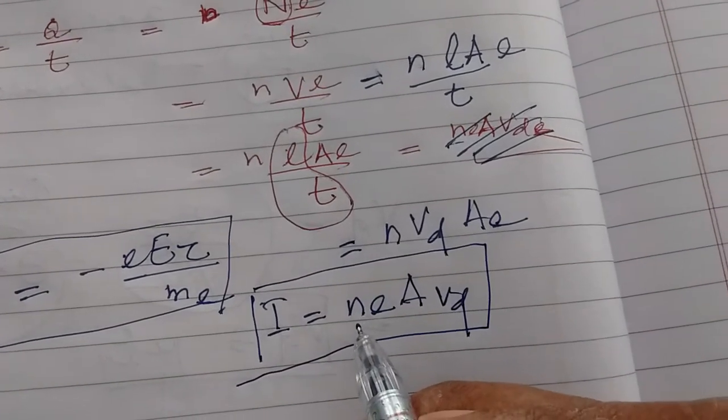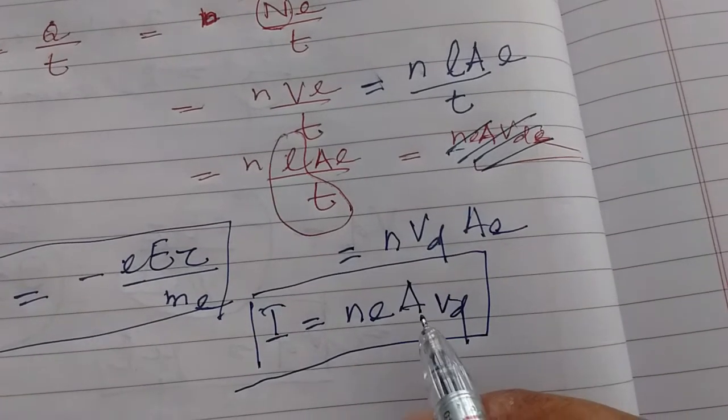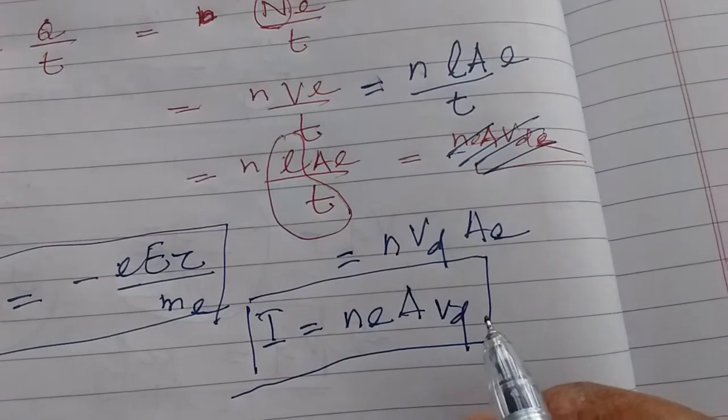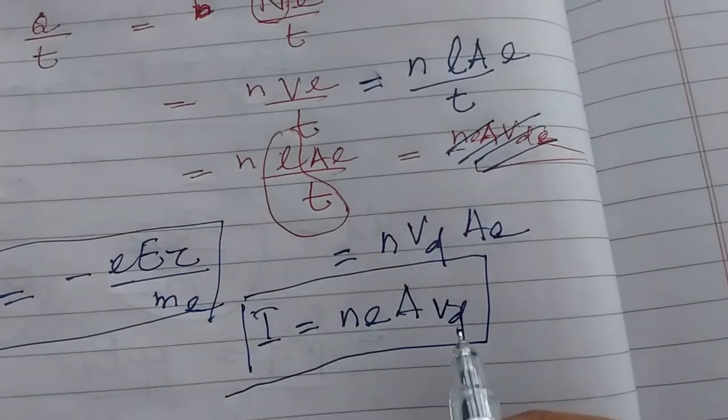N is number of electrons per unit volume, that is concentration of electron. E is charge of electron. A is area of cross section of the conductor. Vd is the drift velocity. Okay, this is the relationship between current and drift velocity.